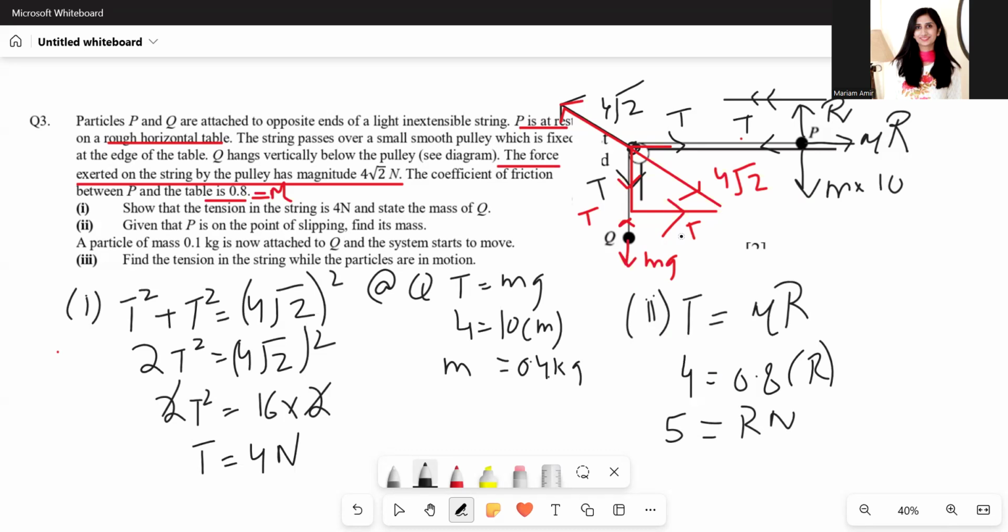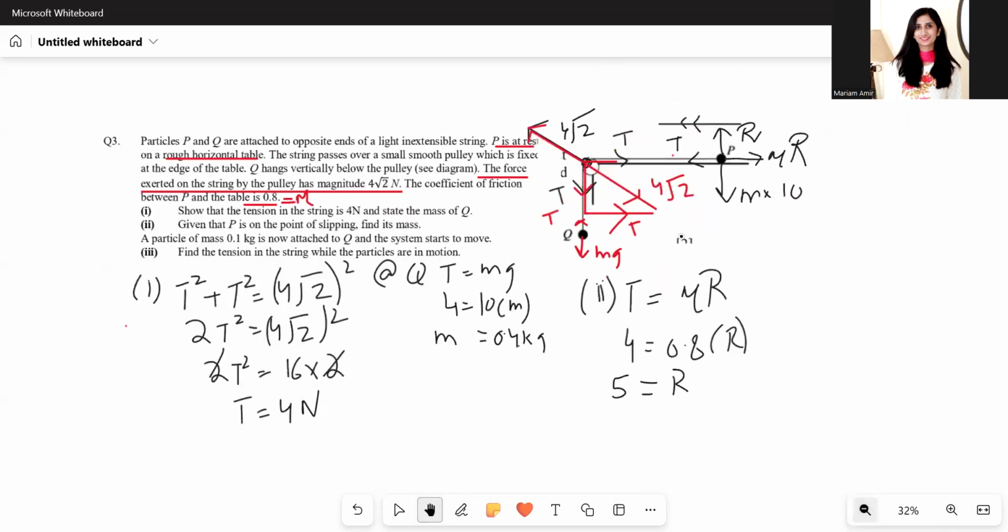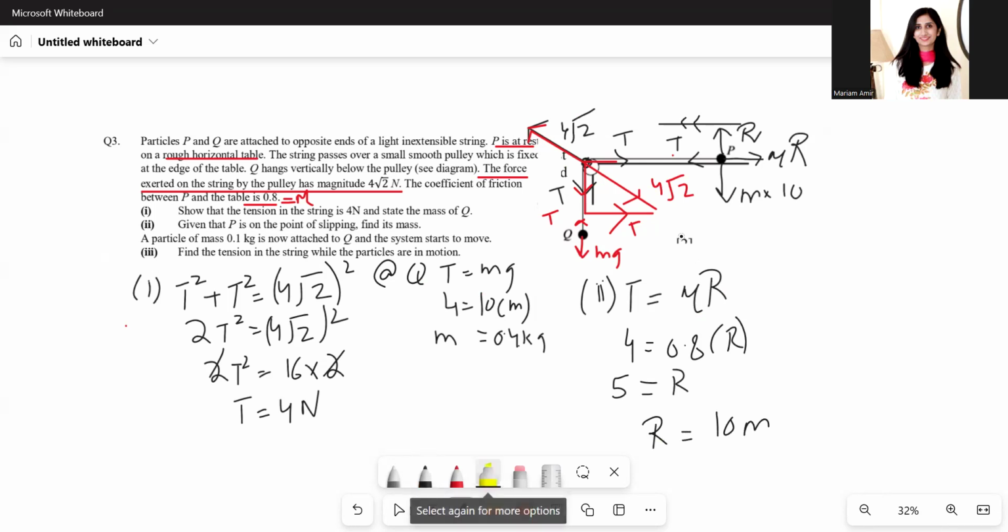So we have the value of R. We still need m. R equals 10m by equating these two. So 5 equals 10m, so m equals 0.5 kgs.